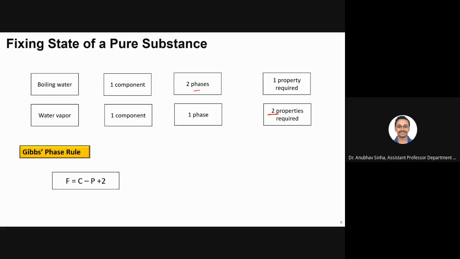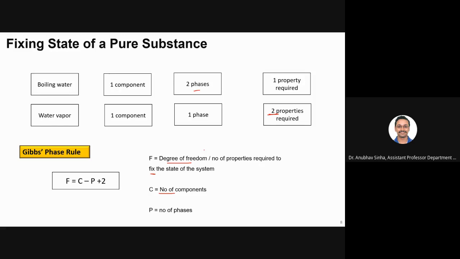Now let us come to Gibbs phase rule. Gibbs phase rule says F is equal to C minus P plus 2. Now what are these F, C and P? F is your degree of freedom, or basically the number of properties which are required to fix the state of the system. This is the minimum number of properties required. C is the number of components.